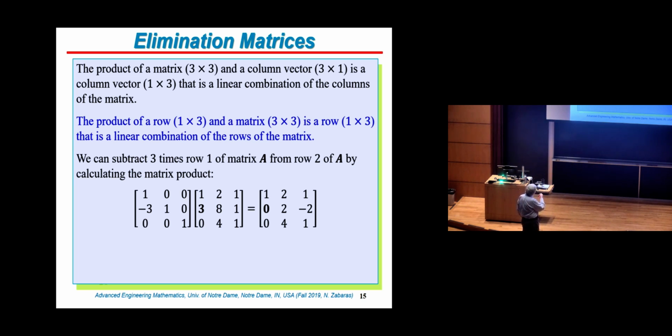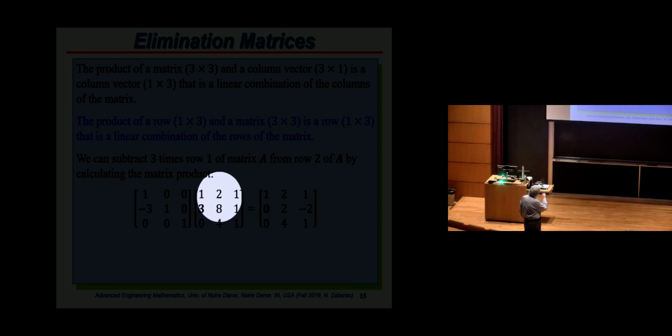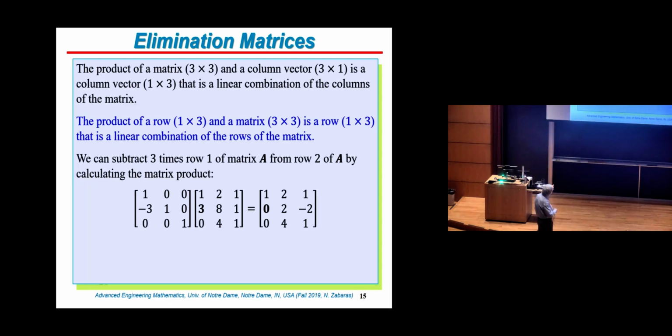And I'm claiming I can do this by multiplying this matrix A with this elimination matrix that you see up there. All right? And the way that when you studied lecture 4, the way you look at that elimination matrix, you look at the effect of each row in that elimination matrix on the matrix A. And when you multiply a row vector with a matrix, what is the buzzword there? You take combinations of what?